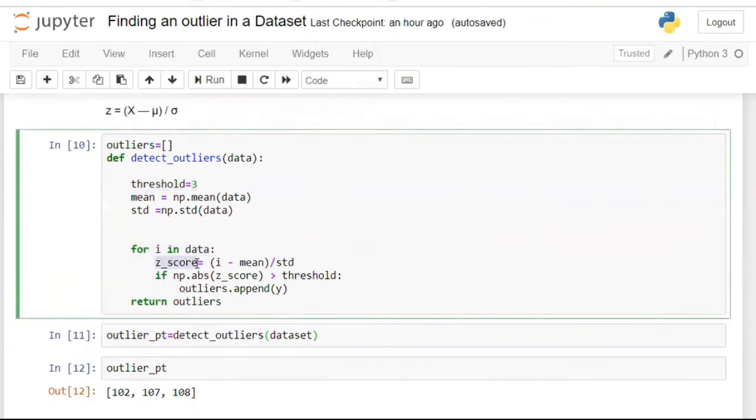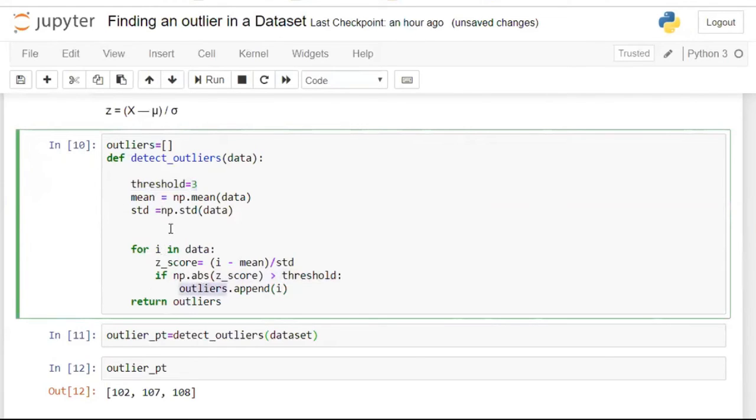Once I get the Z-score value, if it is greater than the threshold value, that basically means it is falling away from the third standard deviation, so if the Z-score is more than 3, I'm going to append that value to my outliers. Sorry, it should not be Y. I'm going to append my i value to the outliers list. This i value indicates that it does not fall within the third standard deviation, so I'm adding it to my outliers list.